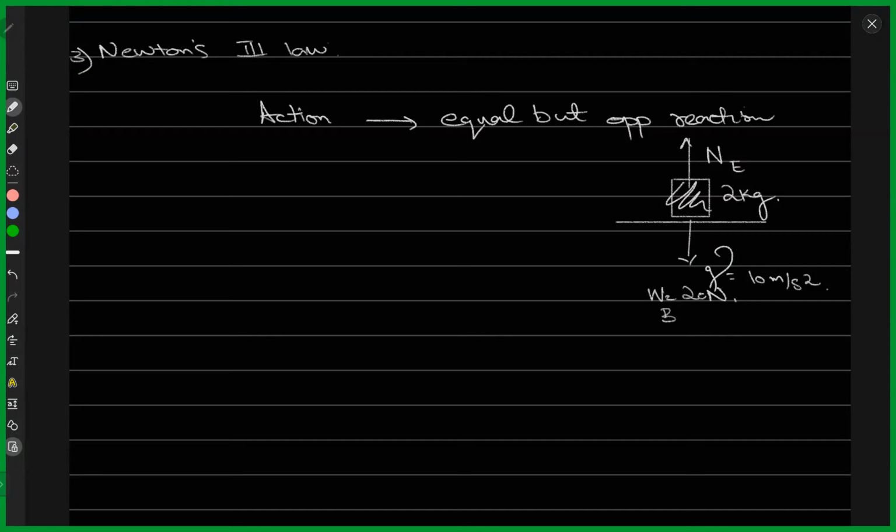So is that clear? Right. That is the most important point that you have to remember in Newton's third law, that these forces act on different bodies. If you remember this one point, you will never be confused with Newton's third law.